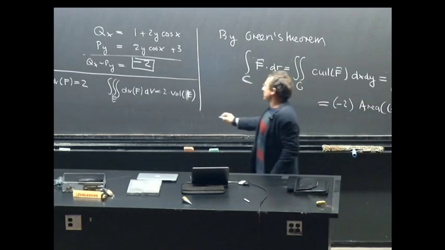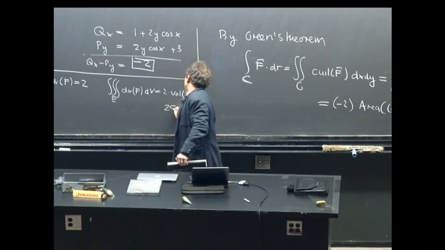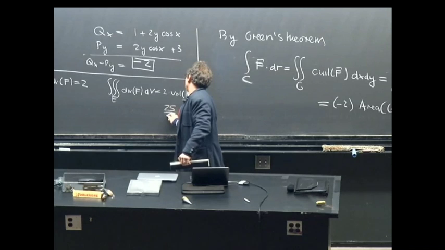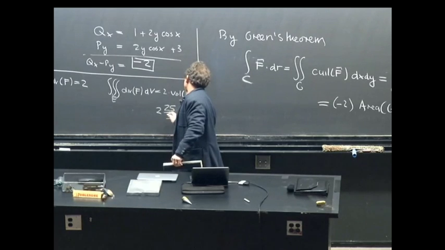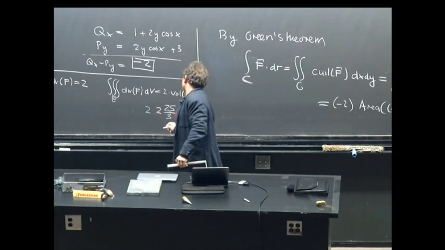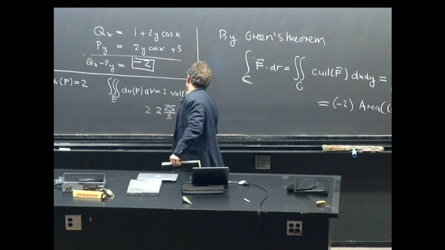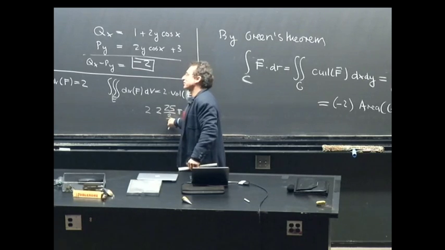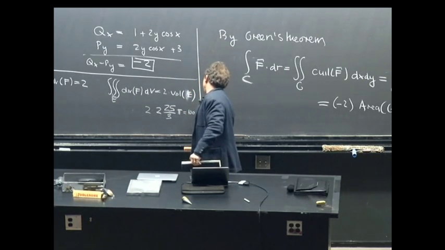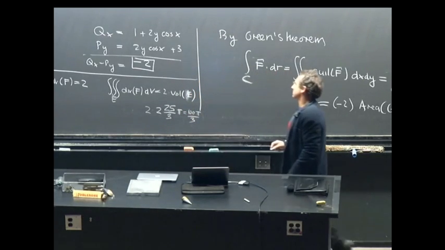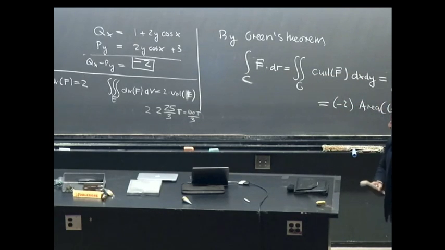For a sphere, we would have 4 pi third, times 2 times 2. I think there is a factor 3 here, right? So 100 pi third, I think that's what it is.